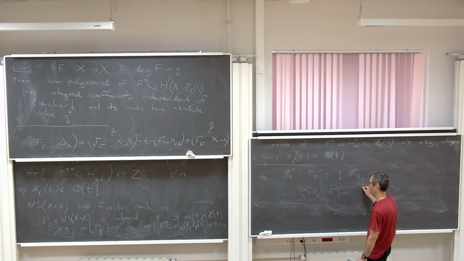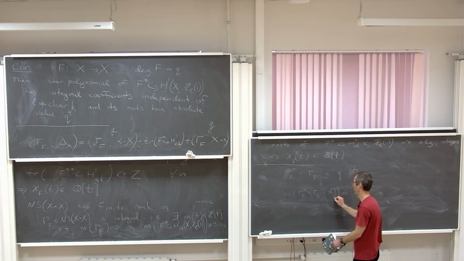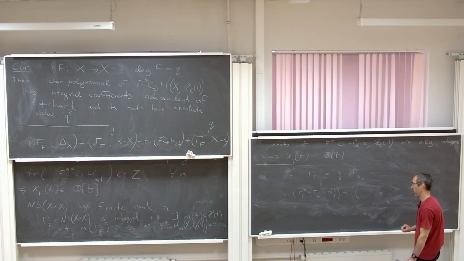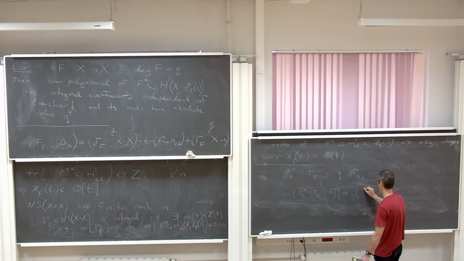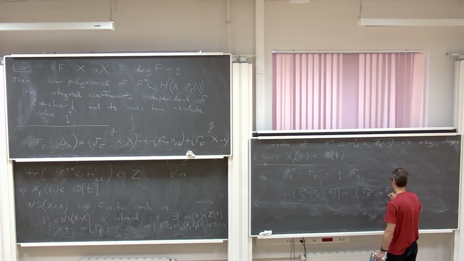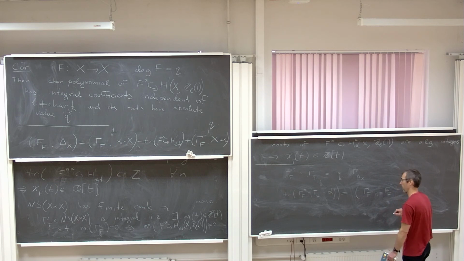So just by our formula, if you put brackets like this, it will be the intersection of gamma f and gamma f composed with alpha.